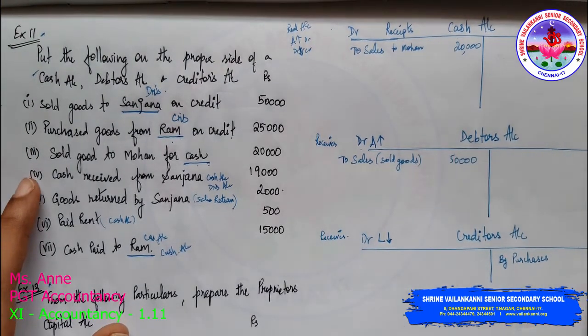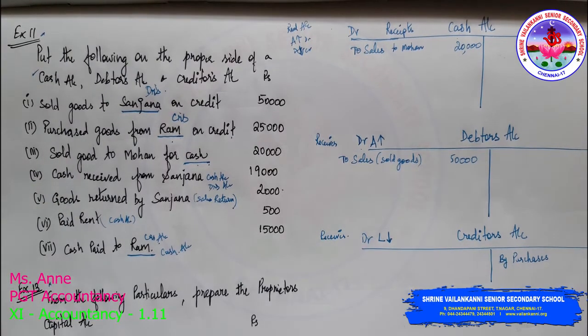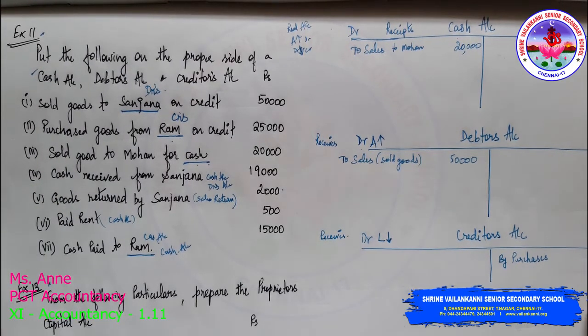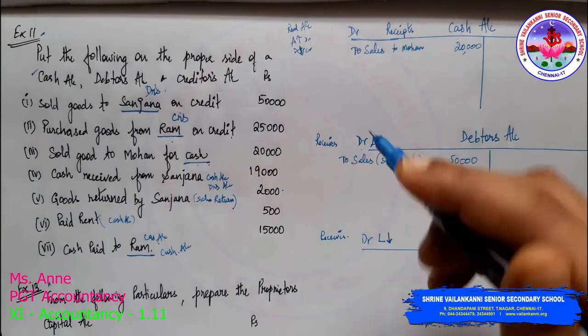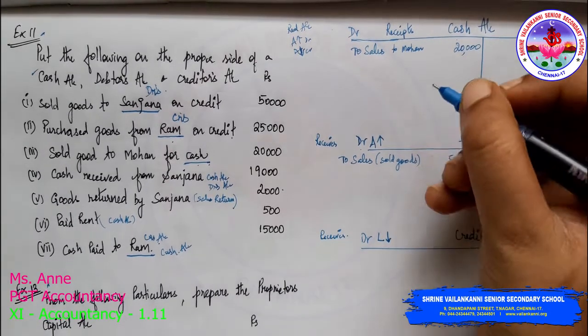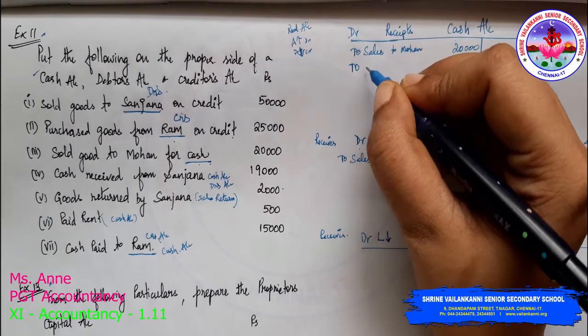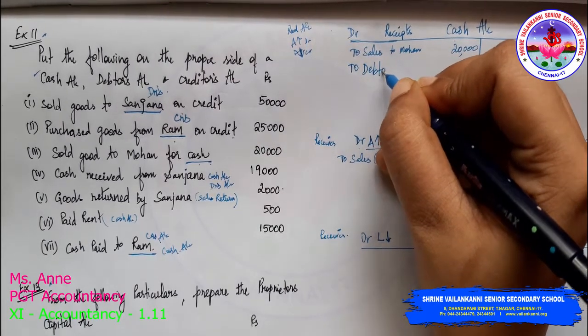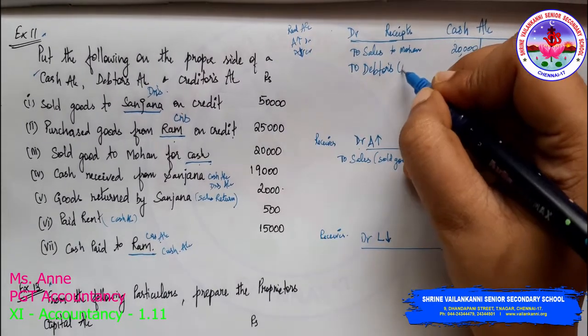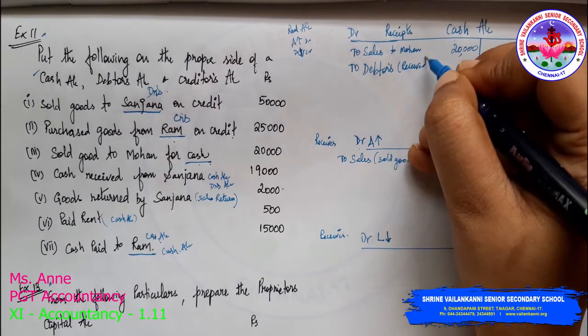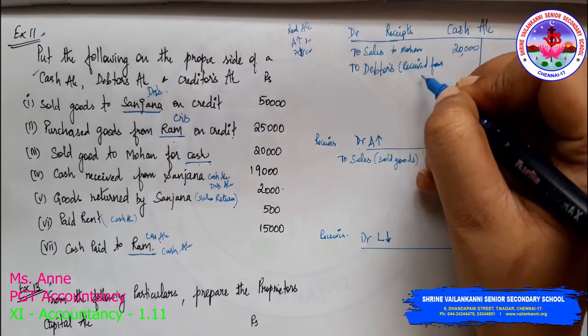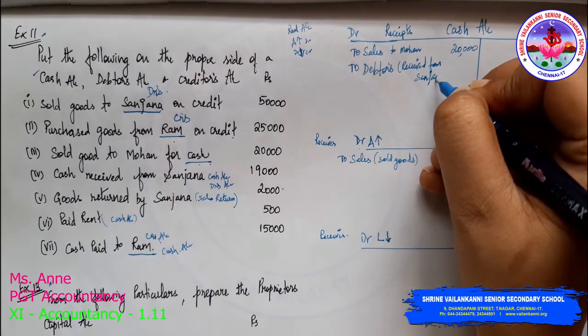Next, you have cash received from Sanjana. Cash we are receiving. Sanjana is our debtor. Debtors received from Sanjana.